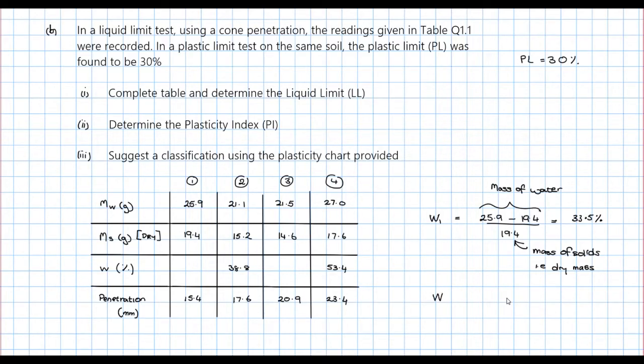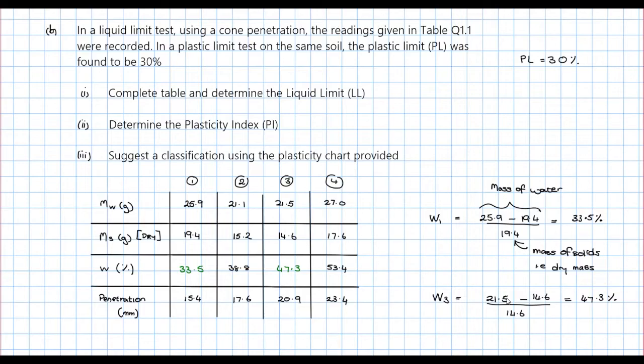And likewise for the water content for sample 3, you have 21.5 minus 14.6 all over 14.6, giving you 47.3%. So now that we have our table complete, we now have to determine our liquid limit.